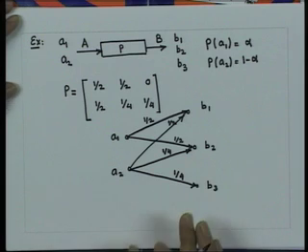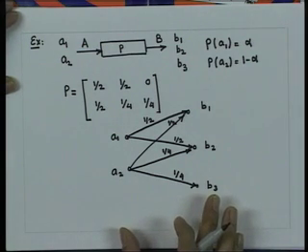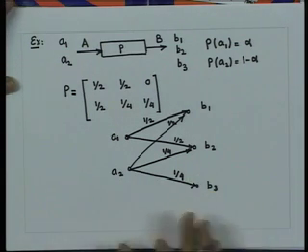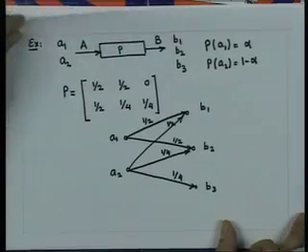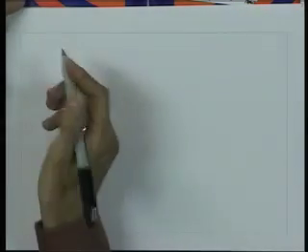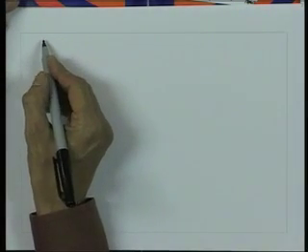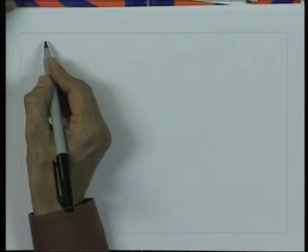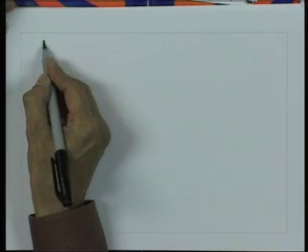So, in order to calculate the capacity, we need to calculate the mutual information, for which we need to calculate H of B, which in turn demands that we calculate the output probabilities of the symbols B1, B2 and B3.